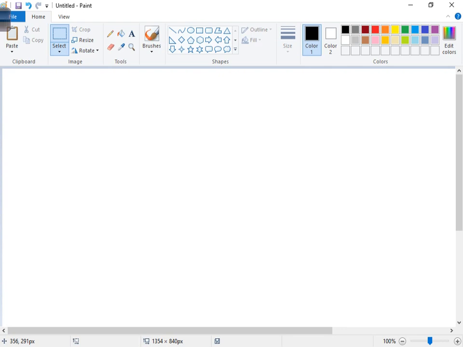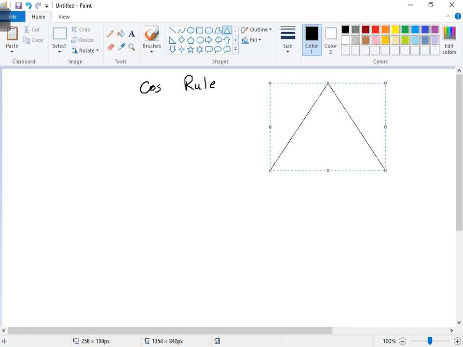Let us do the cosine rule. If we have a triangle like this, with the same setup, angles A, B and C, and in front of them the sides lowercase a, lowercase b, lowercase c.